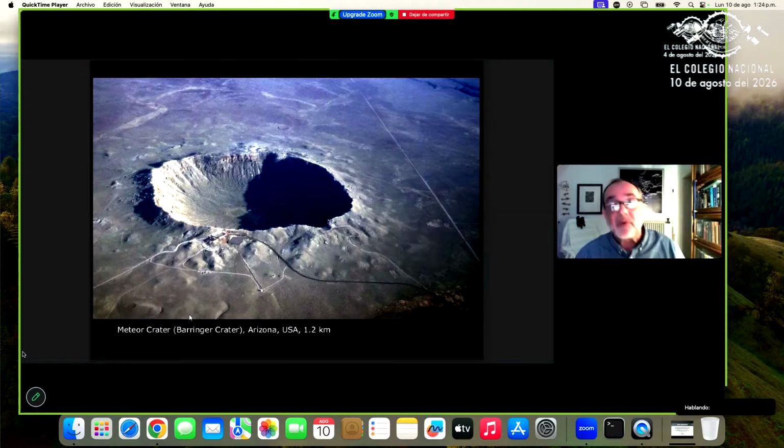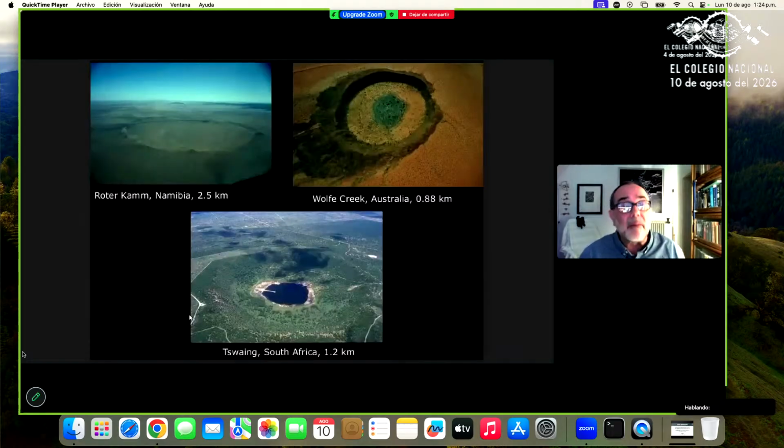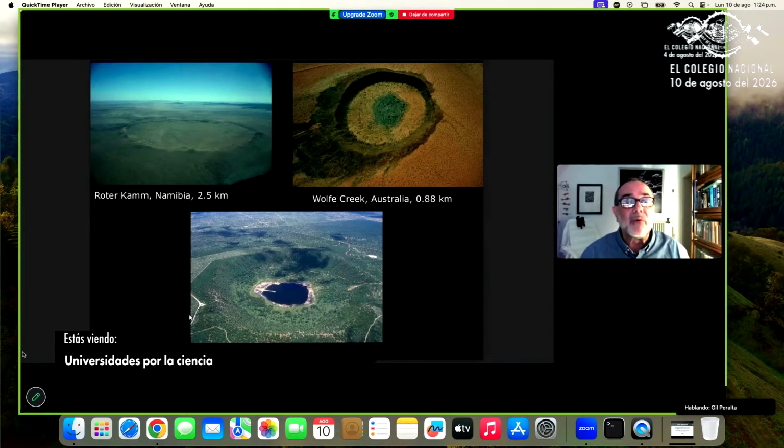Next picture shows a few other impact craters that we figured out even later, in the 1980s and 1990s, so geologically very recently, that these were formed by meteorite impact. Now, they didn't form that recently, but we researchers figured out only maybe 20, 30, 40 years ago that they were formed by meteorite impact.